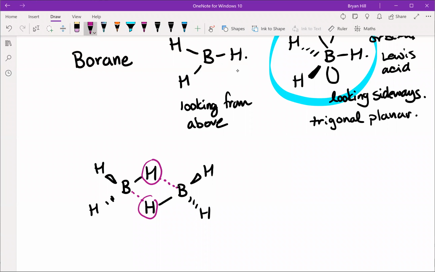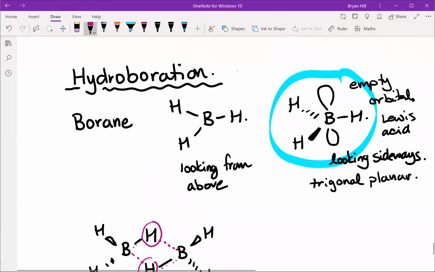And they're basically saying that this isn't a full bond, it's actually a shared bond. They're sharing their electrons. That might be completely true, but that doesn't help us describe its chemistry, right? So it's better, this is why we draw it like this.